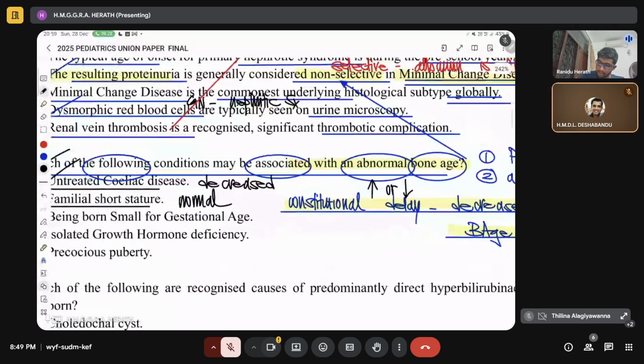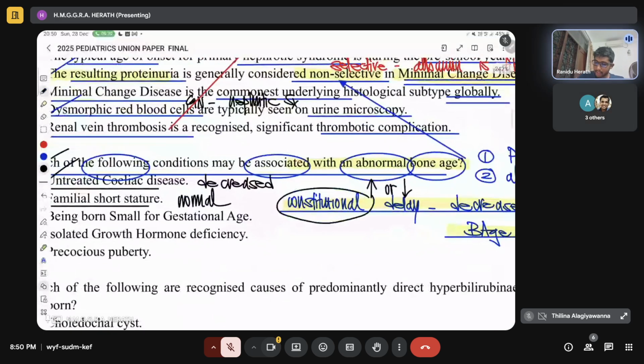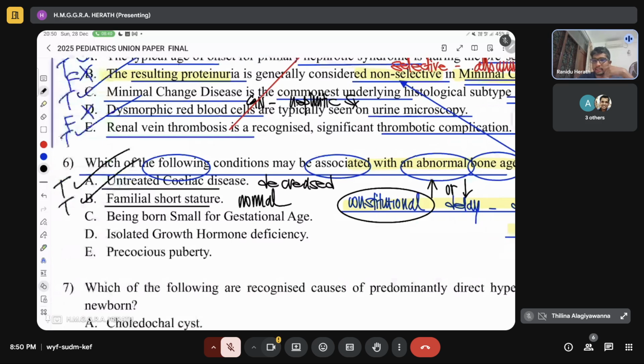So constitutional delay is when someone is delayed as a part of the normal variation. So some people have a delay in their growth as a part of the normal evolutionary process. That is called constitutional delay. However, familial short stature means that the child is short as part of the familial genetics.